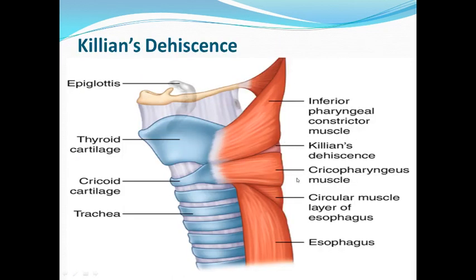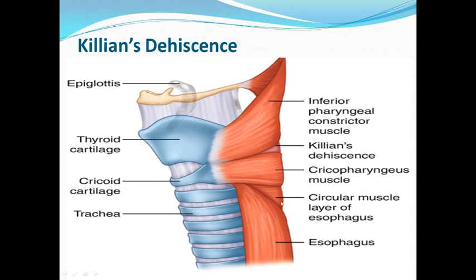Now, sometimes in 2 marks questions, there is a dehiscence, a weak region, which comes very frequently in the question paper, that is Killian's dehiscence. What is Killian's dehiscence? This is the anterior wall of the pharynx and this is the posterior wall of the pharynx.